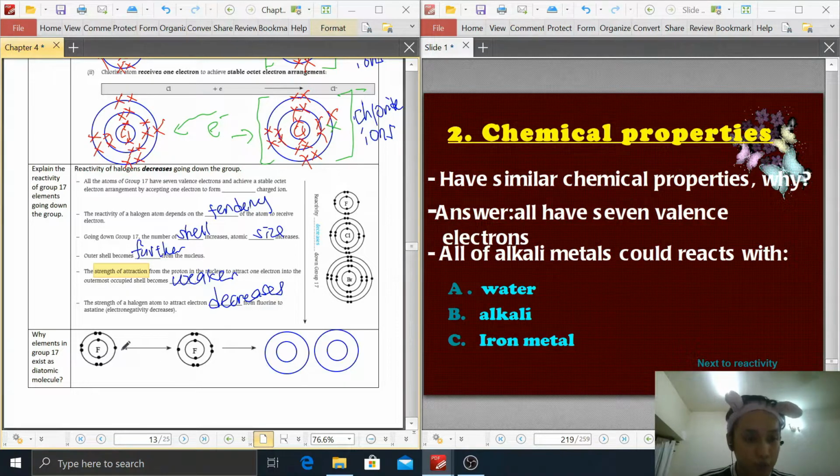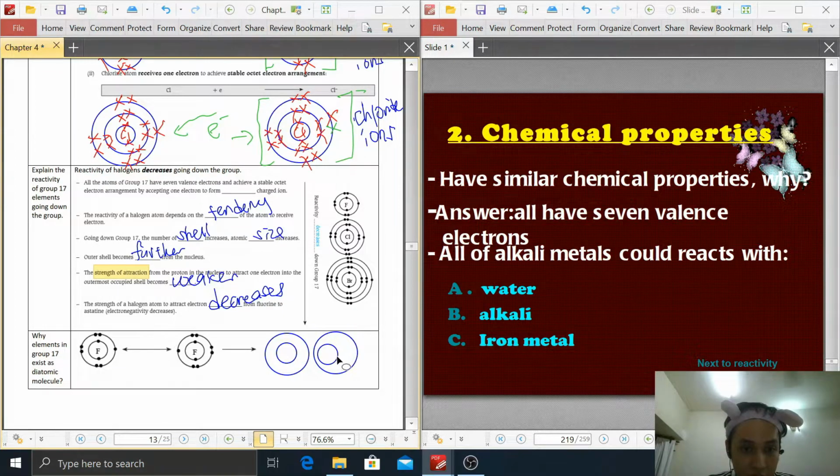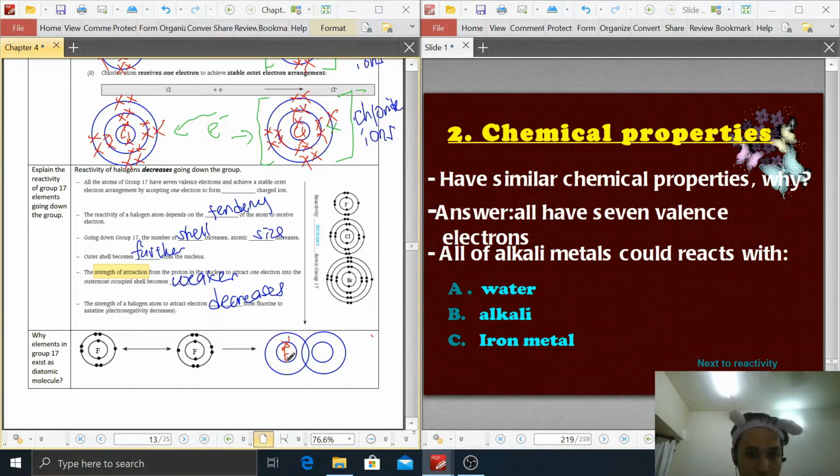So two fluorine atoms will share their electrons, each sharing one electron. Let me just move this. So fluorine: 2, 4, 6, and then 8.